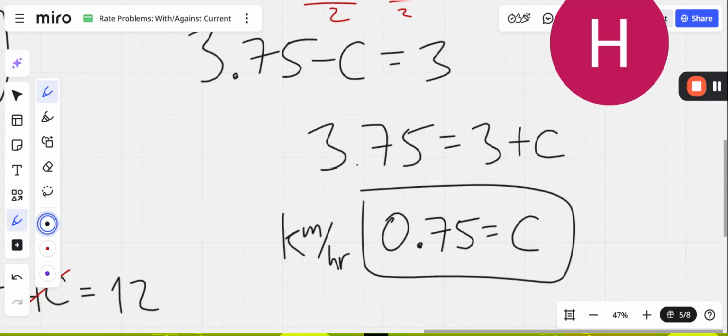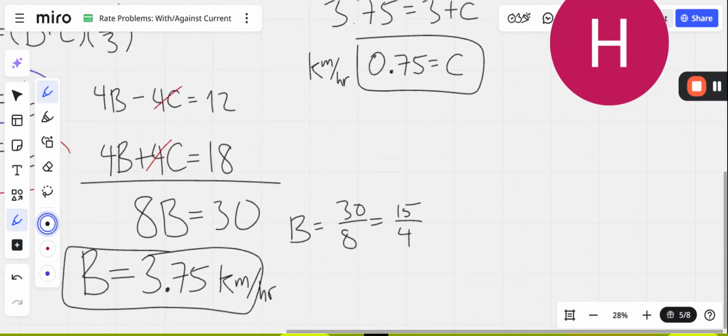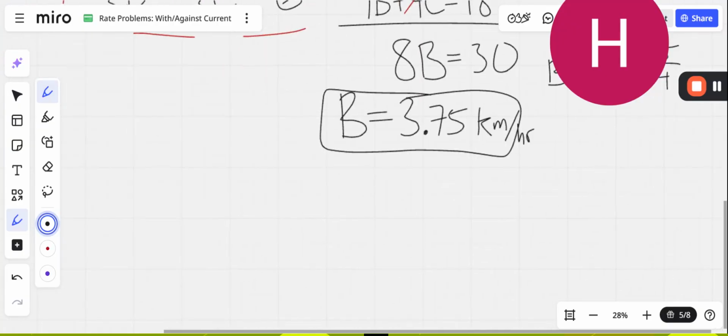So the current's going pretty quickly, 3/4 of a kilometer per hour. It's not super fast, but it's definitely not slow. And with that information together, we have the speed of the boat in still water, meaning with no current, this is how quickly it would travel. And with the current, we have 0.75 kilometers per hour. Now you notice that if I were to travel in still water at this rate for 2 hours, how far would he actually go?